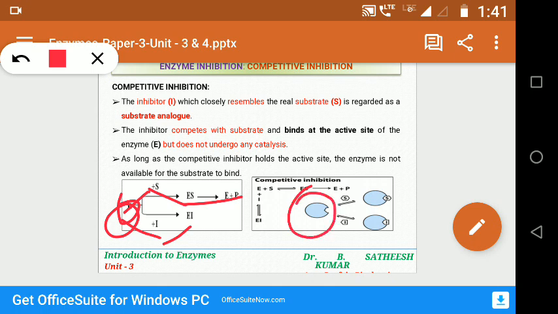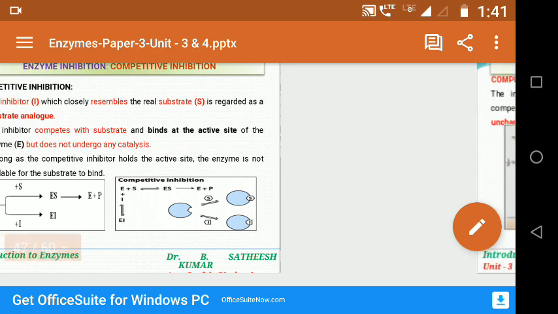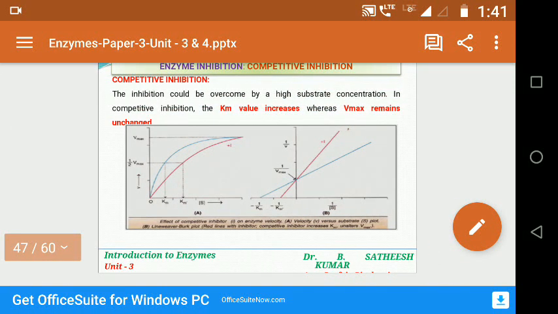Here also we can see the enzyme with its active site. This active site binds substrate to form the enzyme-substrate complex, or if we add an excess amount of inhibitor, it binds the inhibitor and forms the EI complex. So both substrate and inhibitor are competing for the active site, and both are structurally similar.